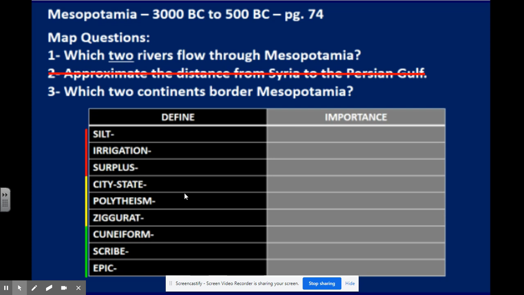All right. Polytheism is a pretty easy one. It has to do with religion. Polytheism is a belief in more than one God. A belief in more than one God. The prefix poly means more than one, obviously, like a multi-sided shape is a polygon.